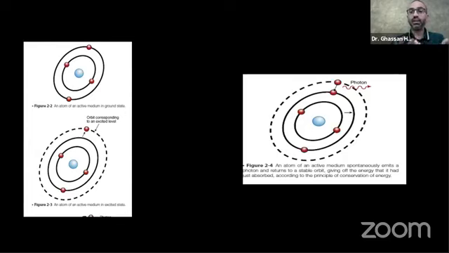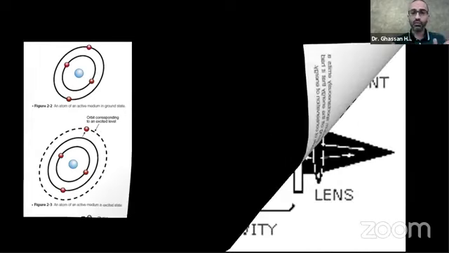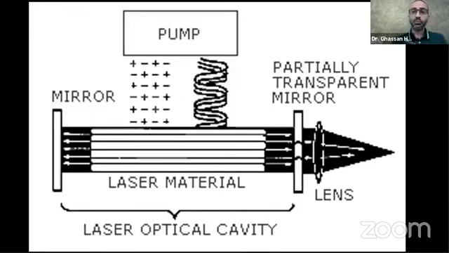Photons, which means light. These photons inside the box keep going back and forth, till they reach adequate energy to pass through the partially transparent mirror, and then it's collimated and concentrated through this lens and we have the laser light.